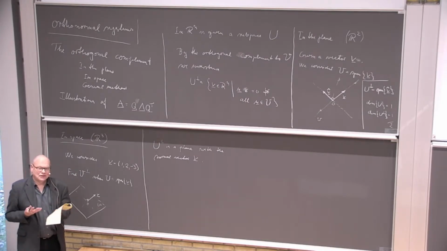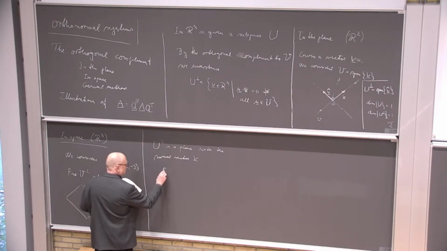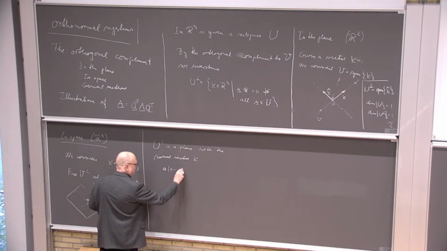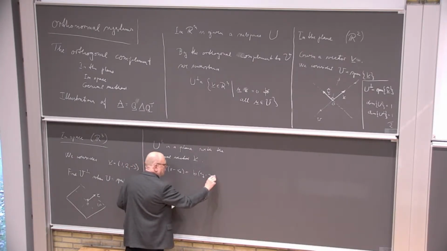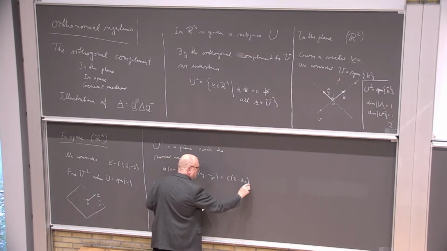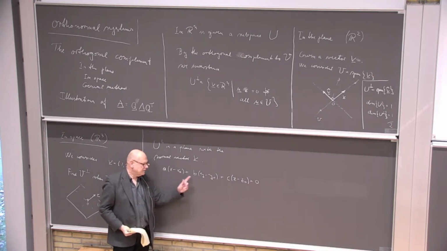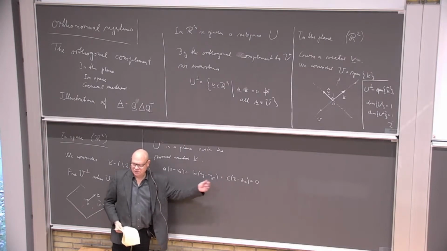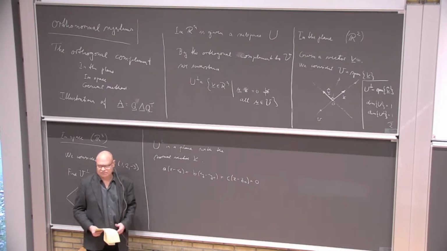And you know, in high school you were taught the equation of a plane with a given normal vector. Probably you will recall this, where this is a plane through the point x0, y0, z0, and with the normal vector that is a, b, c.